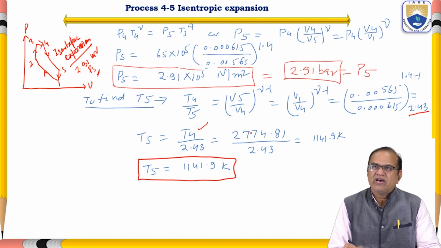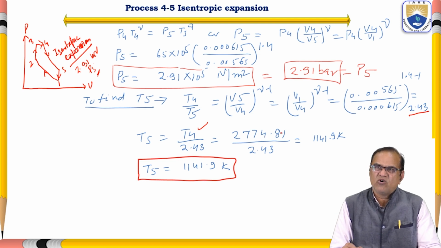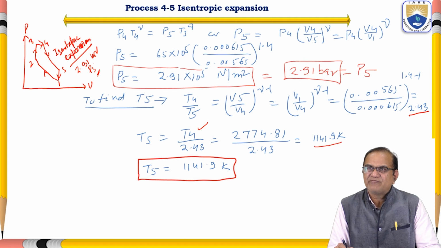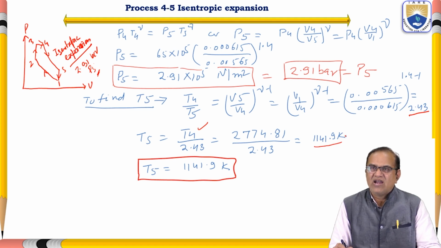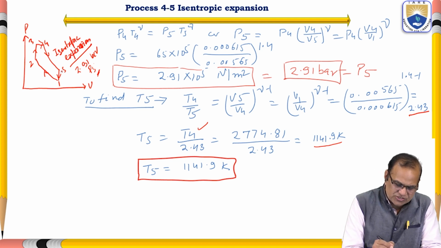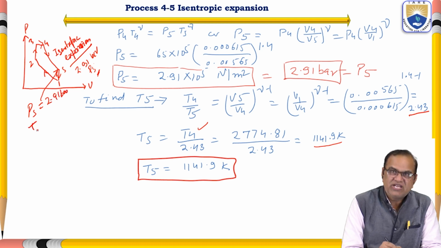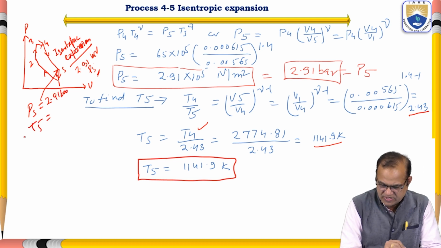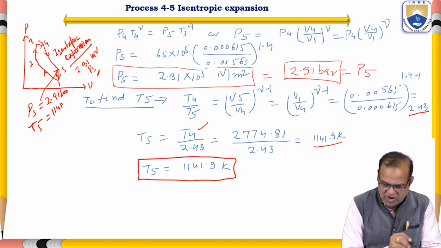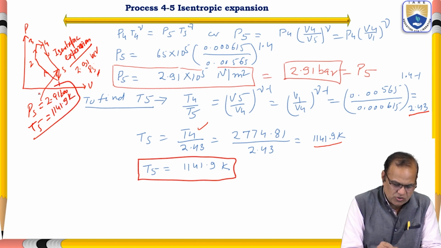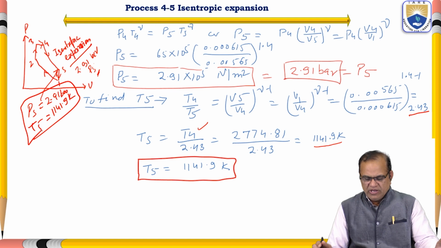T4 we have received as 2774.81, divided by 2.43, so T5 is equal to 1149.5 Kelvin. So we got this point also. P5 is equal to 2.91 bar and T5 is equal to 1141.9 Kelvin.